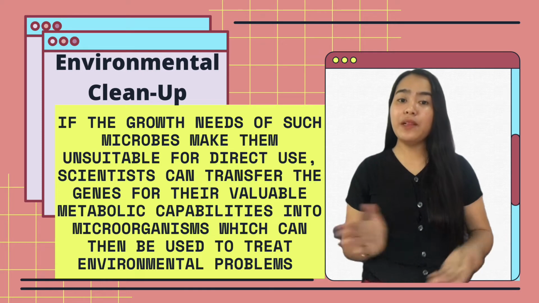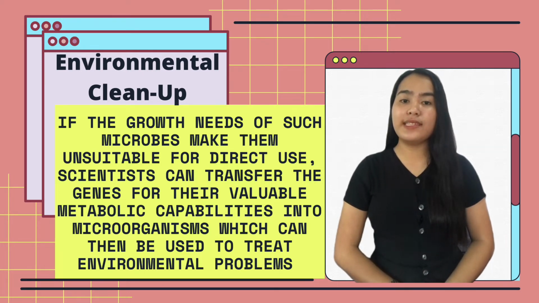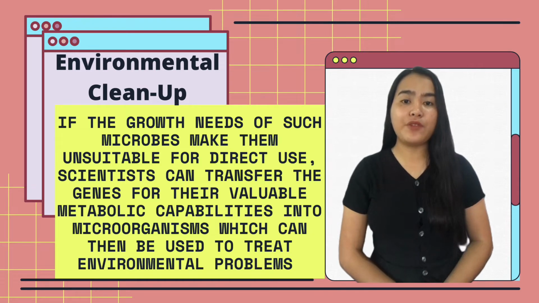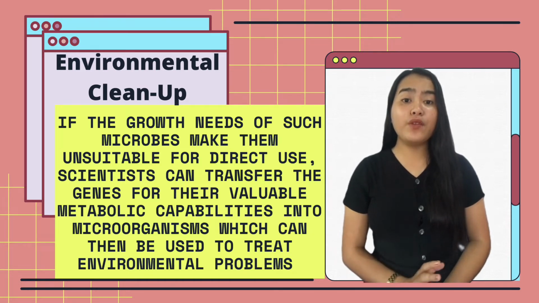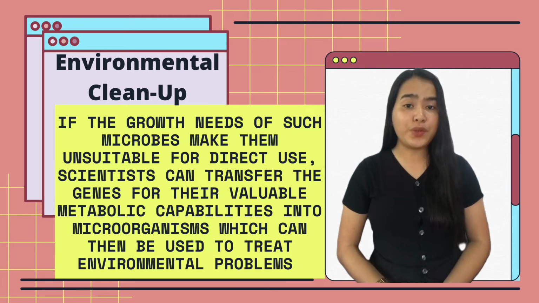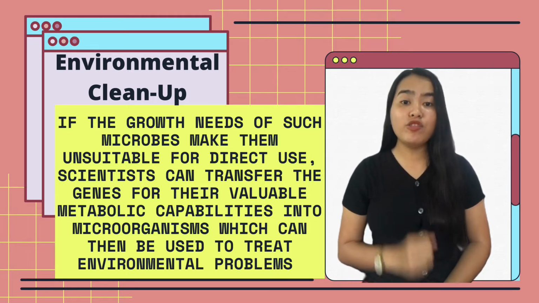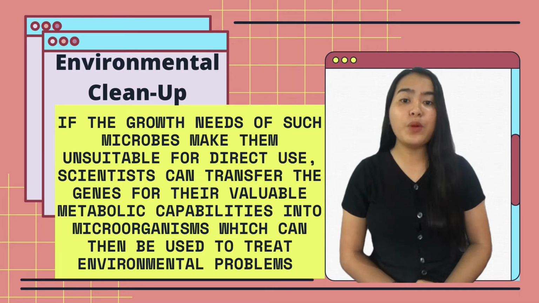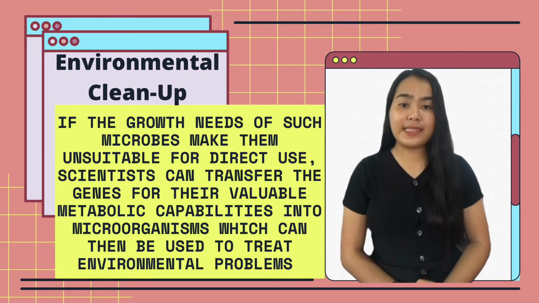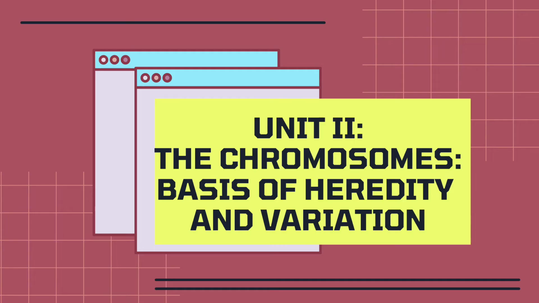Increasingly, the remarkable ability of certain microorganisms to transform chemicals is being exploited for environmental cleanup. If the growth needs of such microbes make them unsuitable for direct use, scientists can now transfer the genes for their valuable metabolic capabilities into other microorganisms, which can then be used to treat environmental problems.